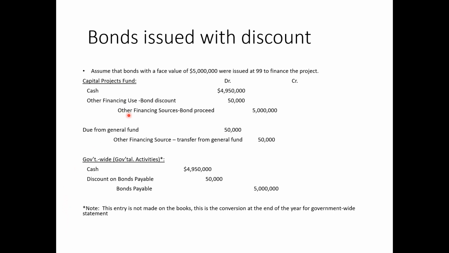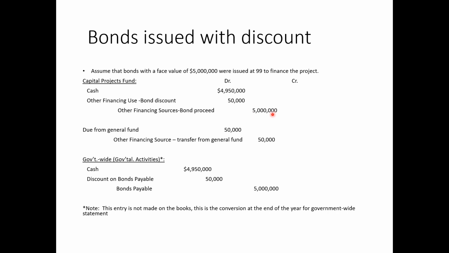Bond issued with a discount. In the capital project fund, we're going to make this journal entry with debit cash. You see this is lower than the face value, so we have a discount. The discount will be recorded here. We debit other financing use, bond discount, and then credit other financing source, bond proceeds.